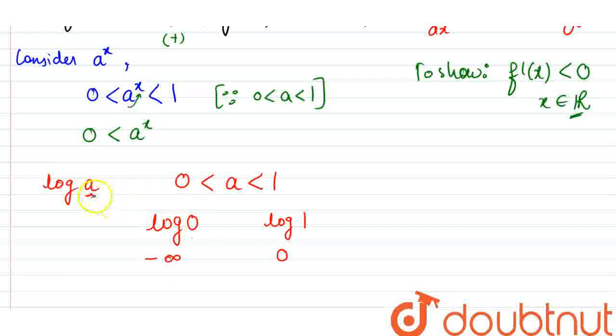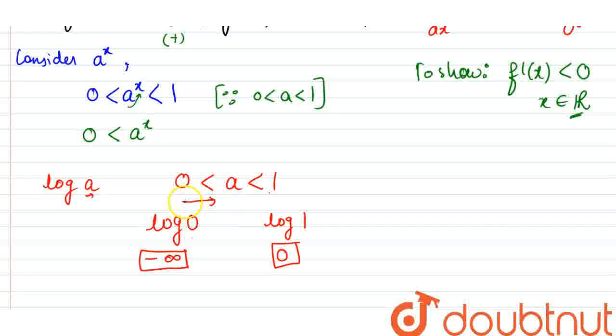And we know since log function is increasing, corresponding to 0 it is minus infinity, and corresponding to 1 it is 0.